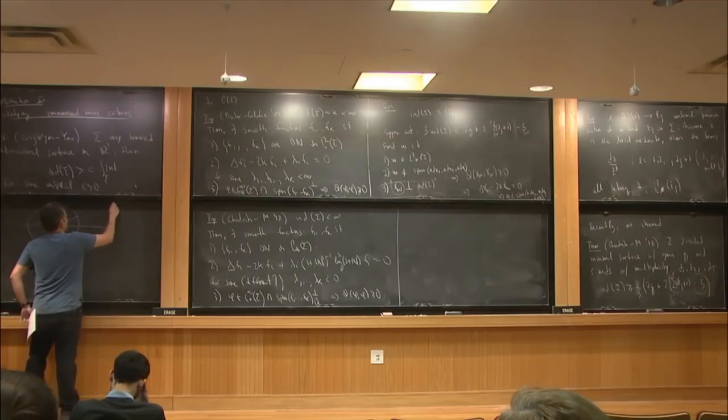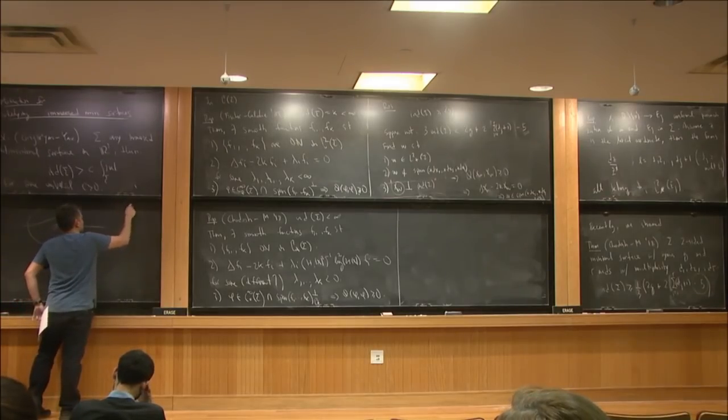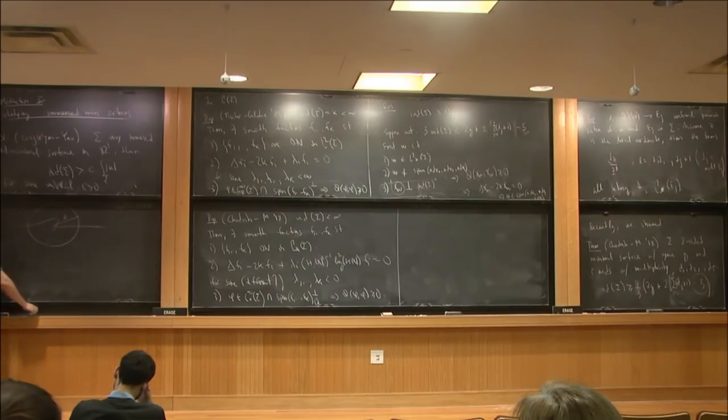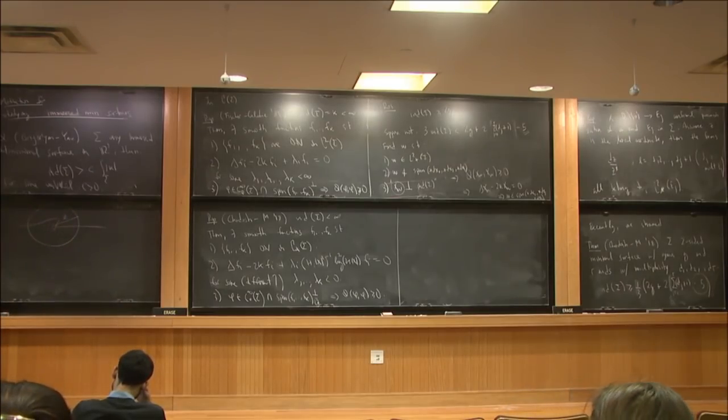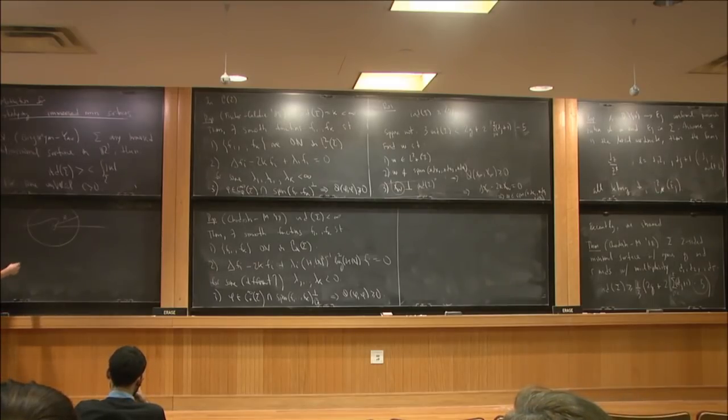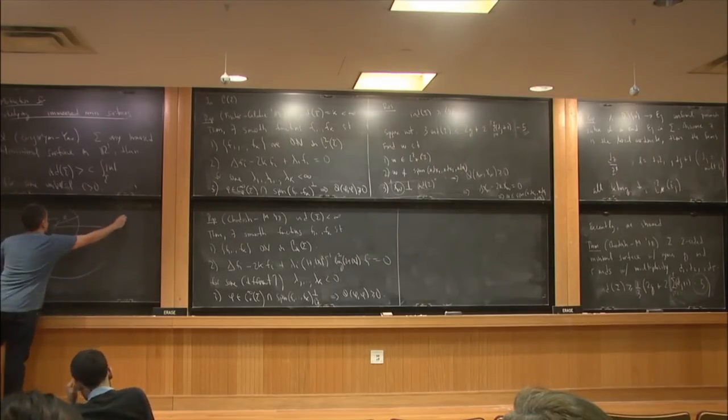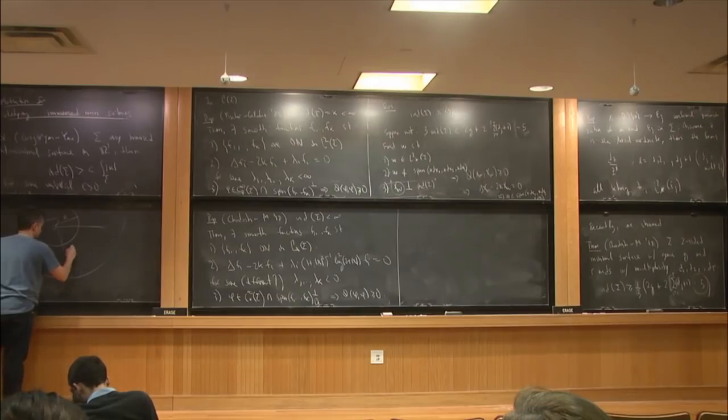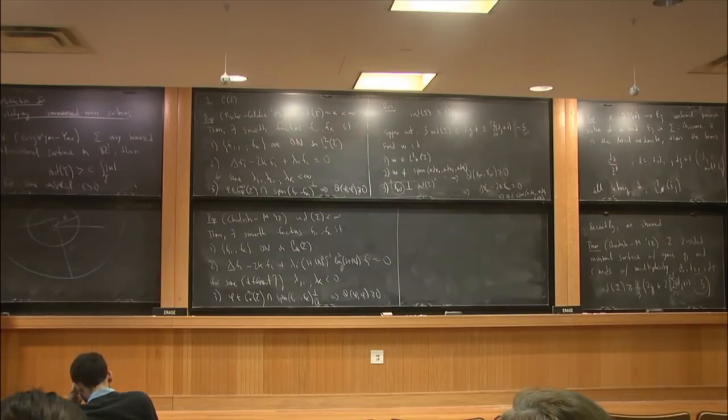So sigma minus this is stable. So what is the idea? Well, if I take now a ball of radius rho, where rho is a large number, right?